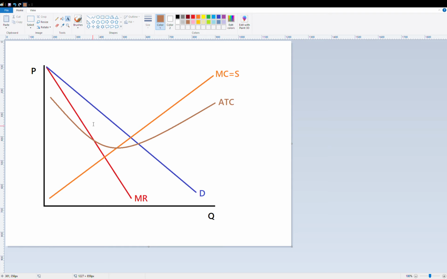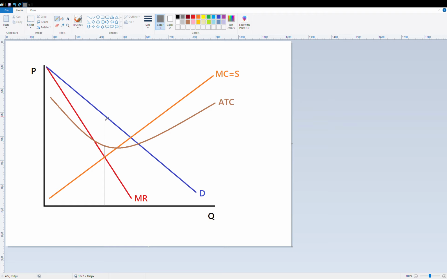Okay, so the profit maximization point still occurs at MR equals MC right here. So this is the equilibrium quantity. But the price you see right here is not the price they will charge.